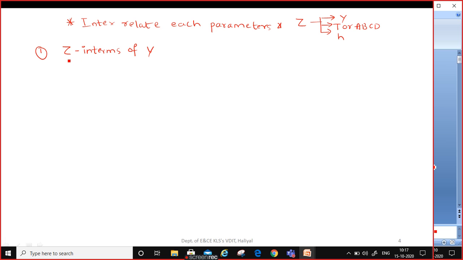We want to express Z in terms of Y, so whatever the Z definitions are, Z11, Z12, Z21 and Z22, should be defined in terms of Y parameters. Step number one is: in terms of which parameter you are expressing, you note down that parameter's equation, say for example, the Y parameter.